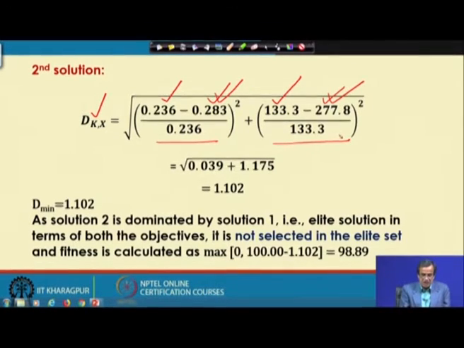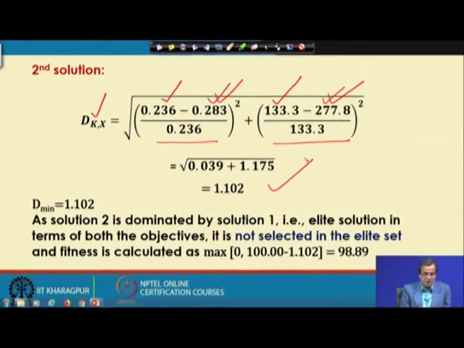So, using this expression I can find out the Euclidean distance between the non-dominated solution, that is k, and the second solution, that is x. So, I can find out dkx.